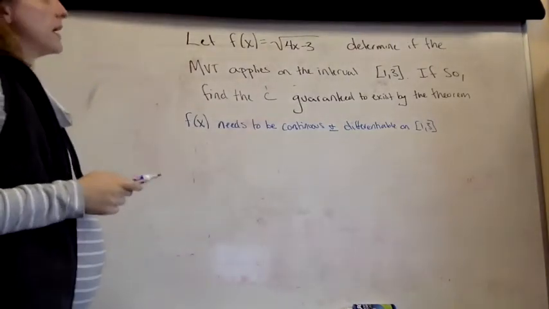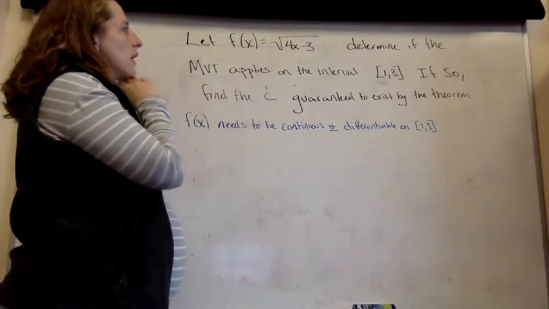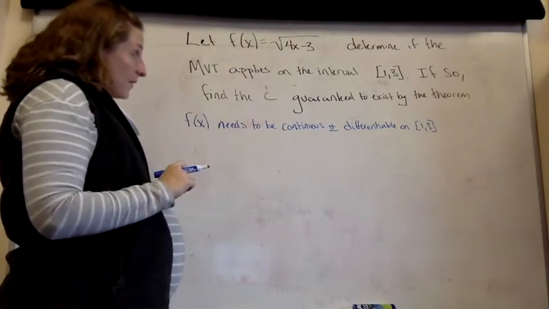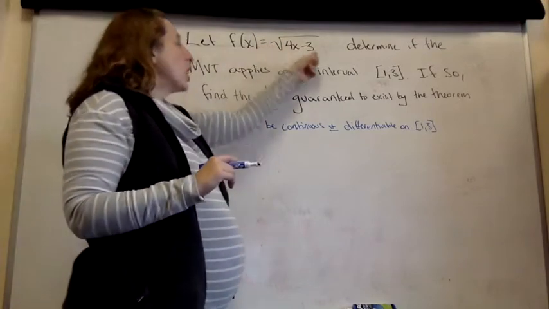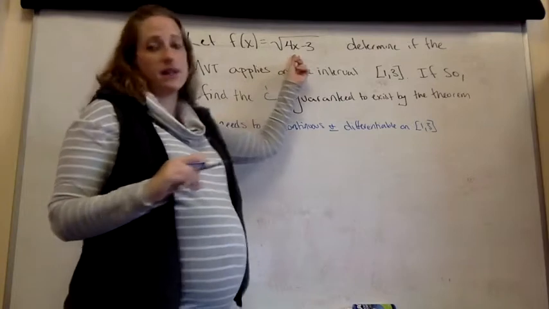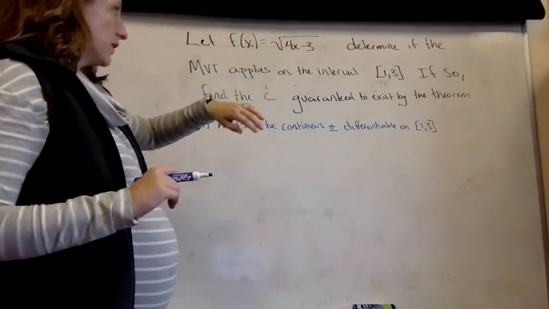The square root of 4x minus 3 is a simple square root function that's been shifted. If we think about a graph of this function, it doesn't exist anytime our argument, or what's under the square root, is less than 0. So 0 is okay, but anything less than 0 is not.